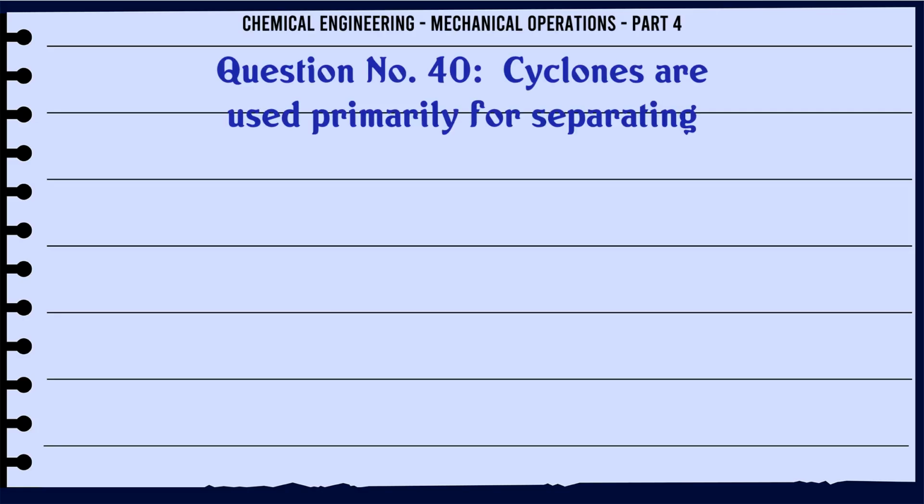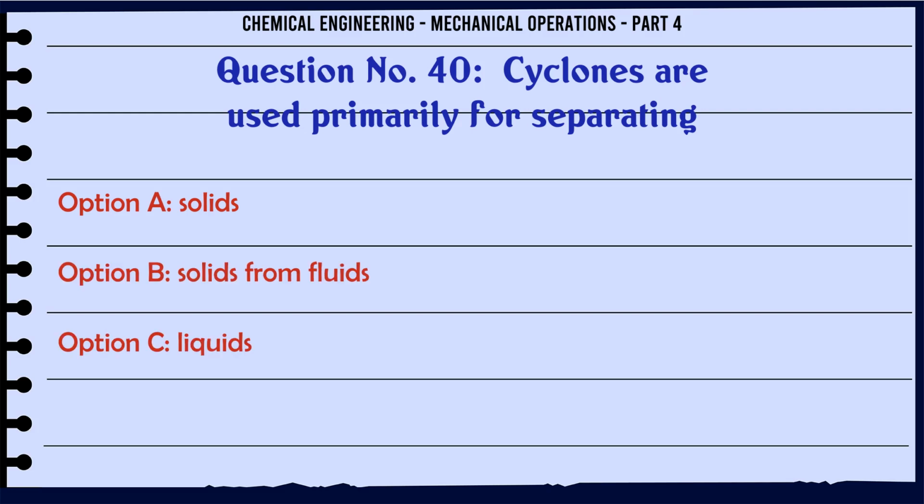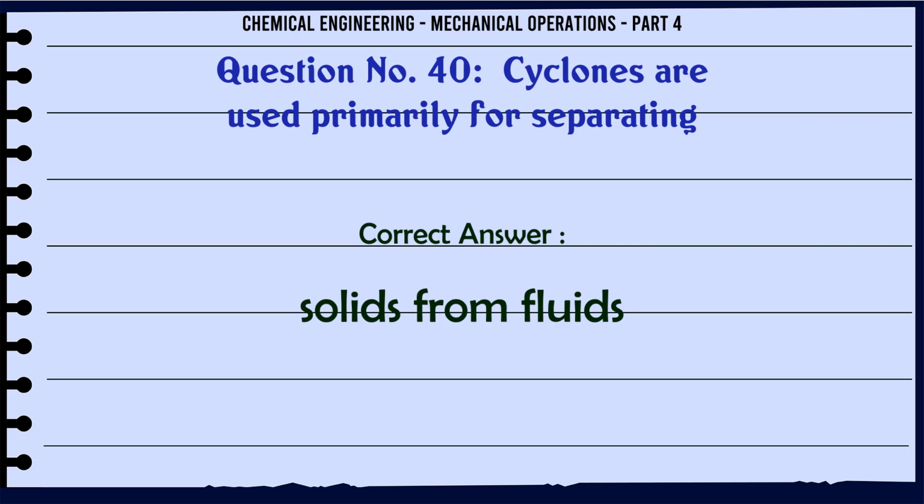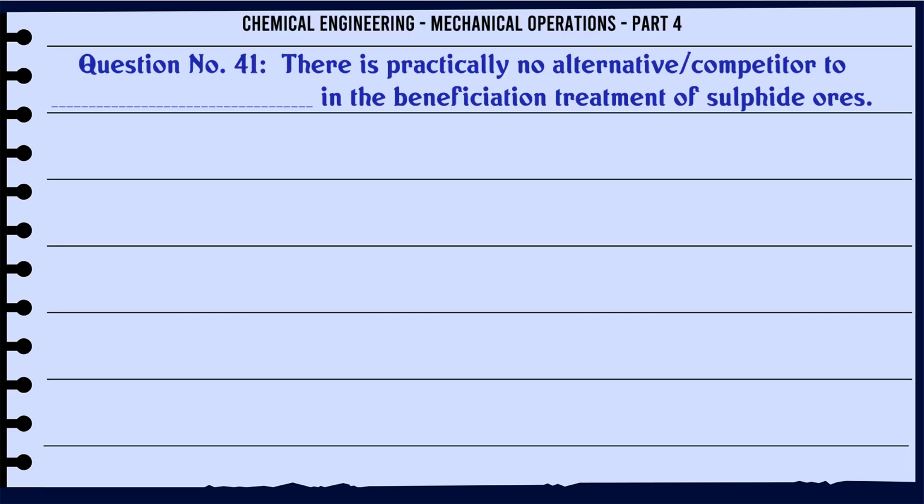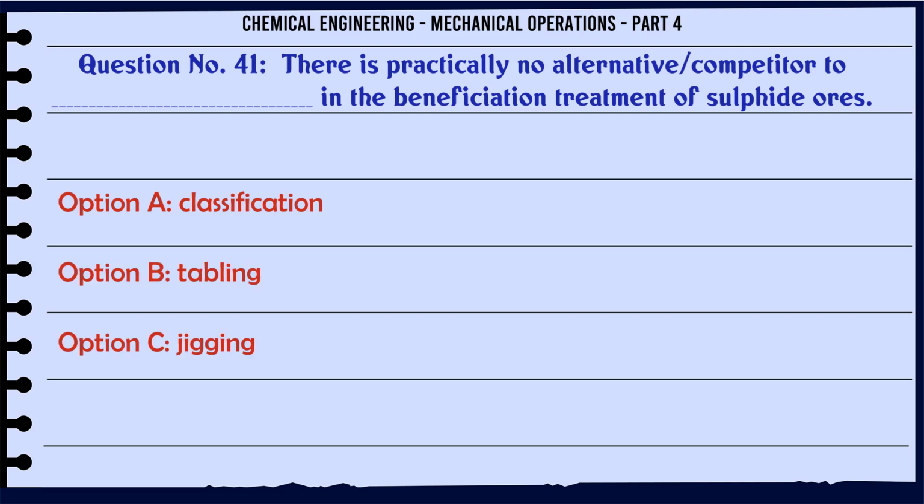Cyclones are used primarily for separating A. Solids, B. Solids from fluids, C. Liquids, D. Solids from solids. The correct answer is solids from fluids. There is practically no alternative competitor to in the beneficiation treatment of sulfide ores.